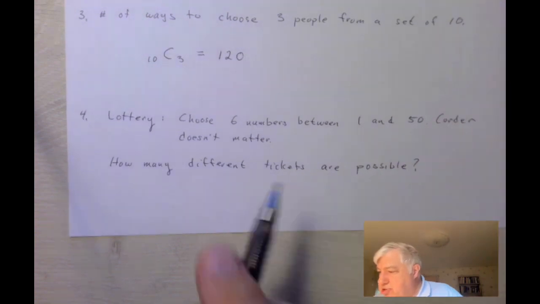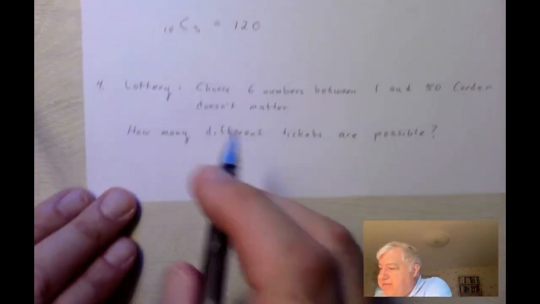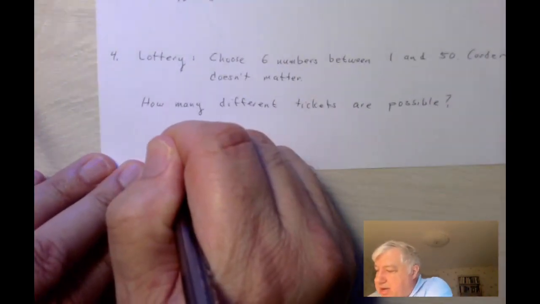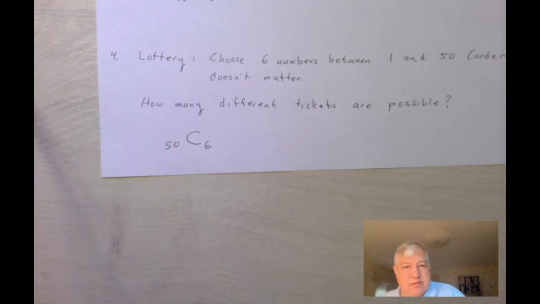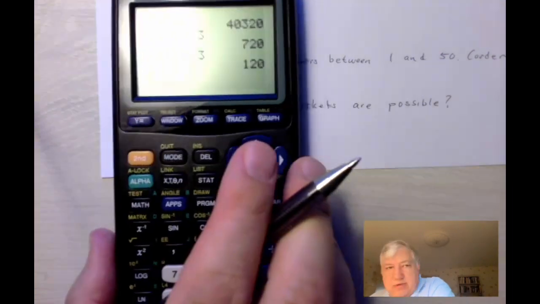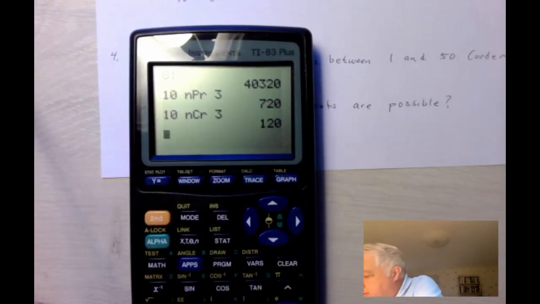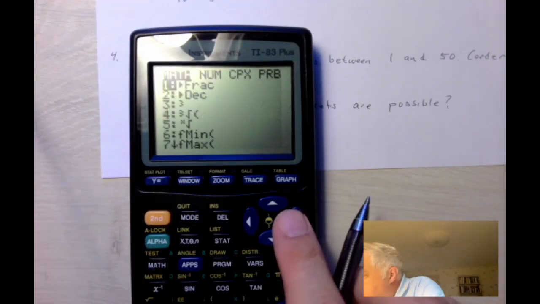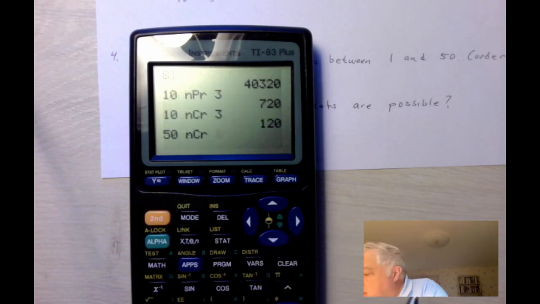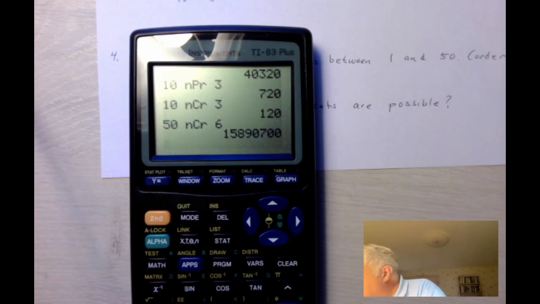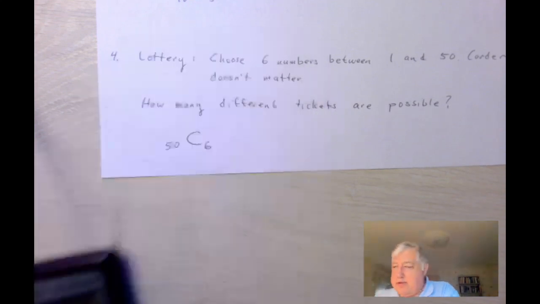Well, you're choosing 6 from a set of 50, so the answer would be 50C6. So we hit 50, math, probability, 6, and we get 15,890,700.